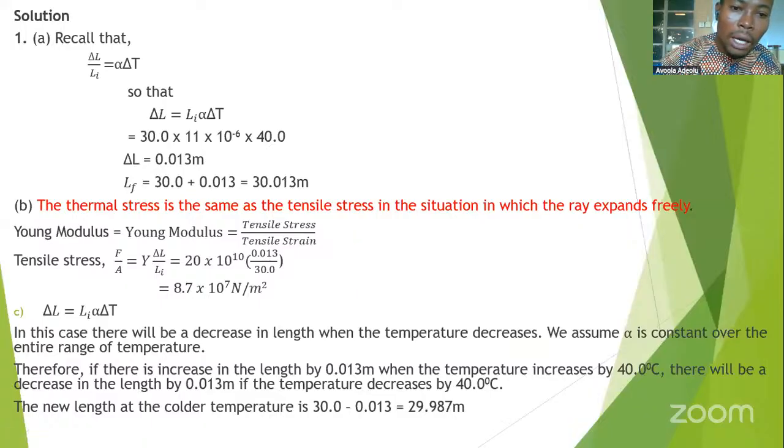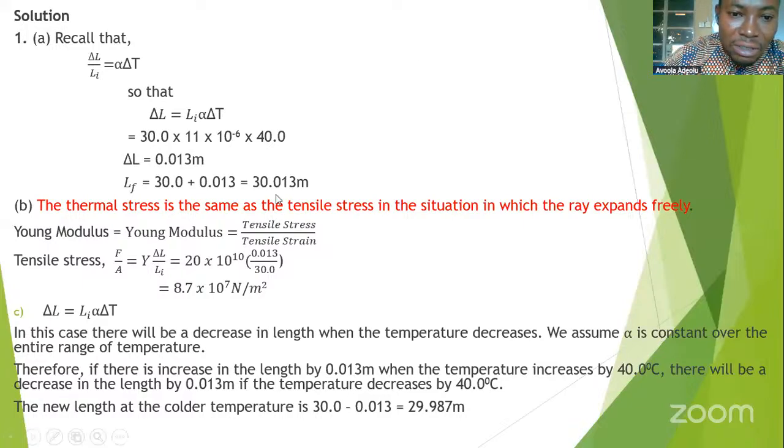I want to relate tensile stress and tensile strain now, and what relates them is the Young modulus. Young modulus is equal to tensile stress over tensile strain. This tensile stress is what I will calculate, and that's the thermal stress the rod will be passing through. So I just cross multiply.